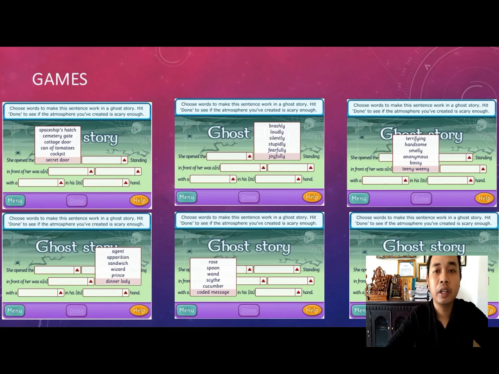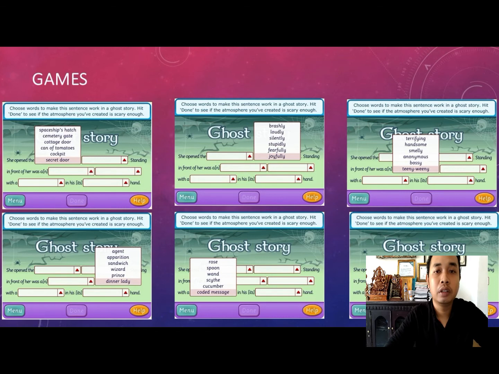Each group will guess the words consecutively, and if they get the right answer, they get 1 point, and if they get the wrong answer, the points will be reduced by 1 point. The winner will be decided by the biggest point total at the end of the game.